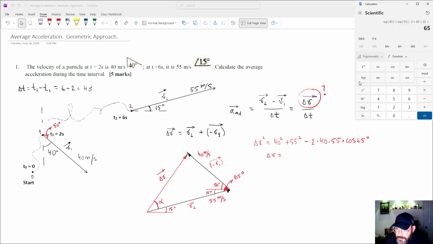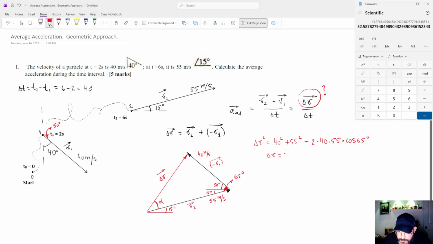Okay, so let's see how much is that, and we need to take the square root. Okay, so it's 52.6, up to the third significant figure, 52.6 meters per second.